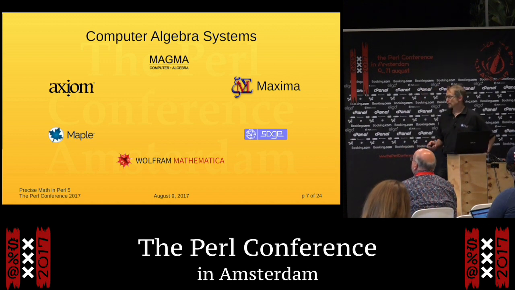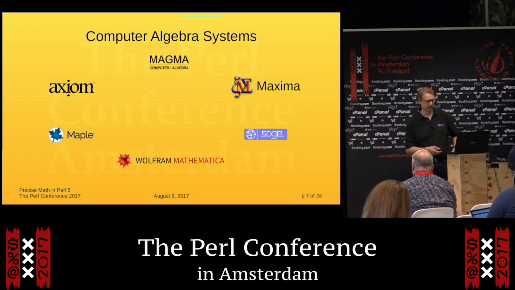The exceptions are this on the right. Maxima is a very old system, or comes from a very old system that got open sourced at its 30th birthday in 1998.